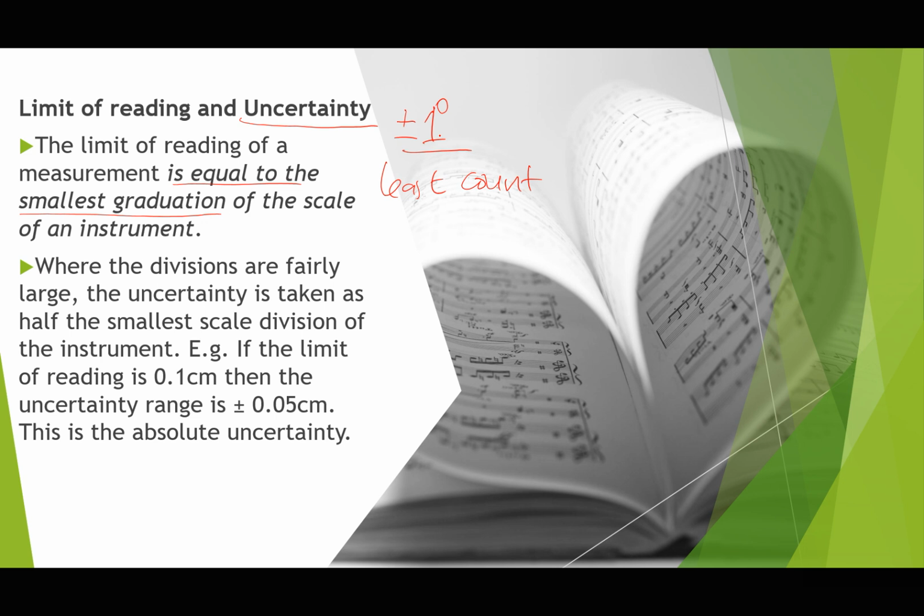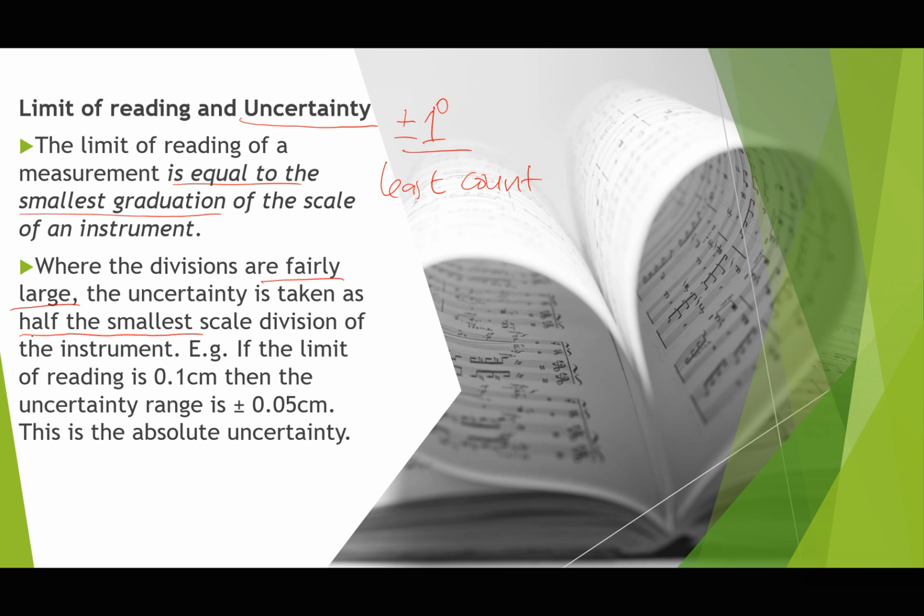Sometimes, when the divisions are fairly large, like for a meter ruler, the uncertainty is taken to be half of the smallest division. Even some other analog meters have fairly large divisions. Therefore, the uncertainty can be taken as half of the smallest division.